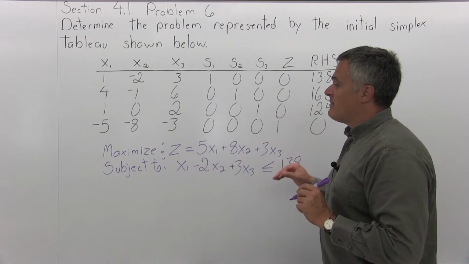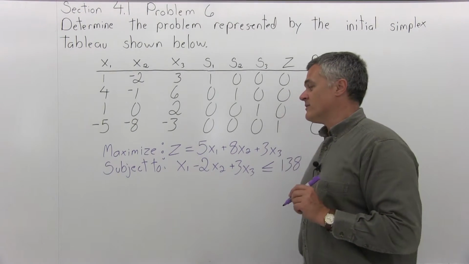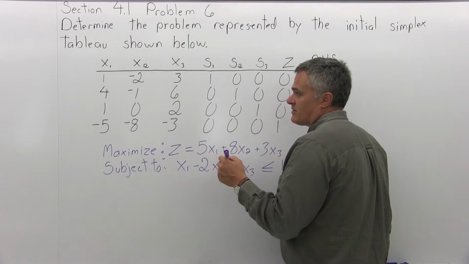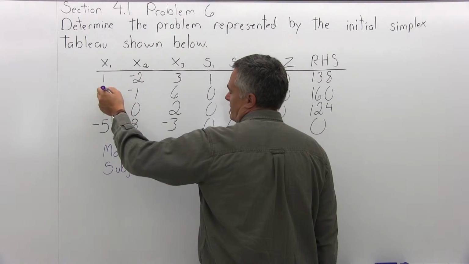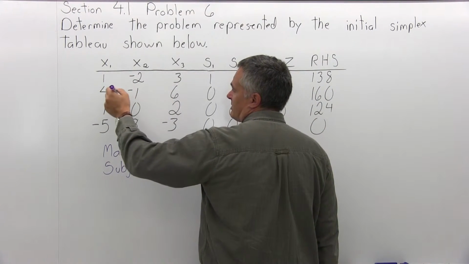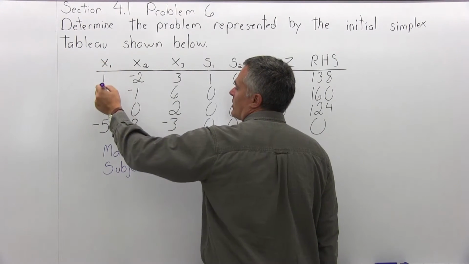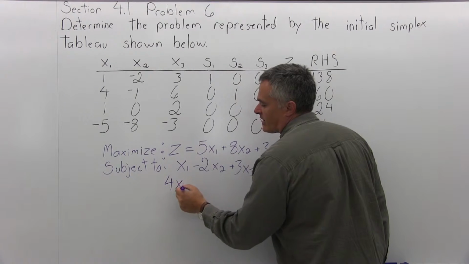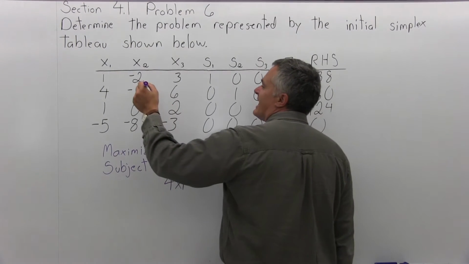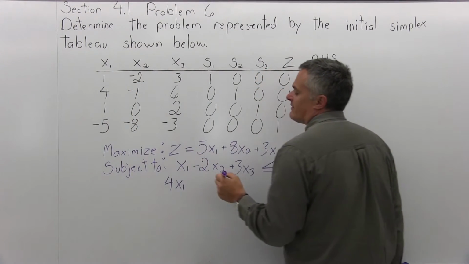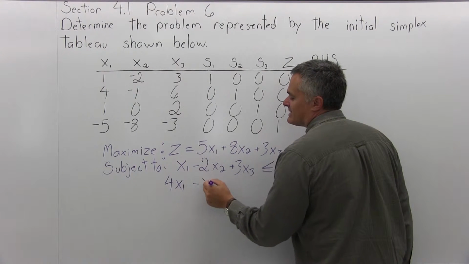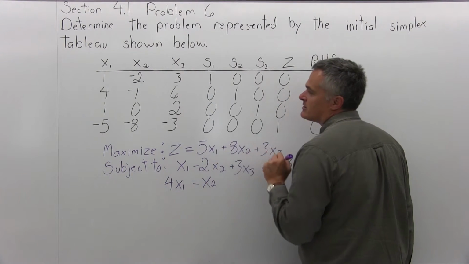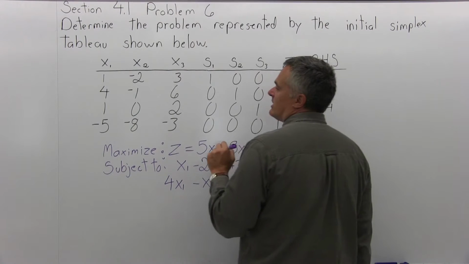The second row of my matrix will give me my second constraint of the problem. So I'm going to start a new constraint. For that constraint, I'm looking in the second row of my initial simplex tableau. In the x1 column, I have a 4, so my second constraint starts with a 4x1. Then in the x2 column of the second row, I have a -1, so I'm going to have minus x2, or if you like, minus 1x2 in my second constraint.